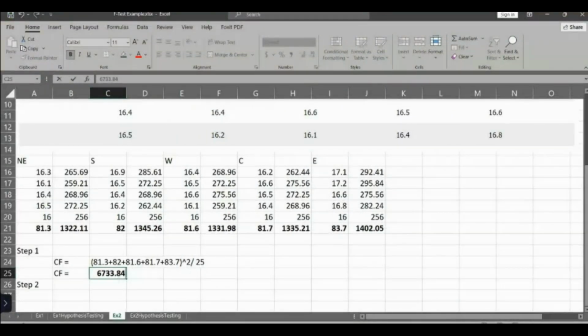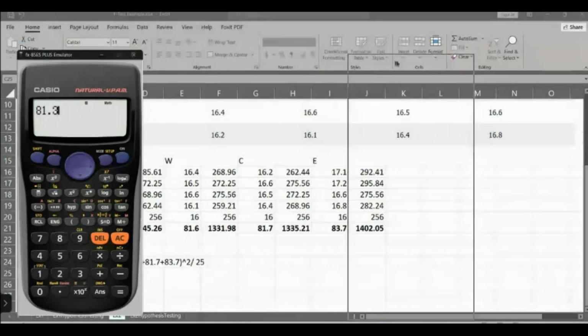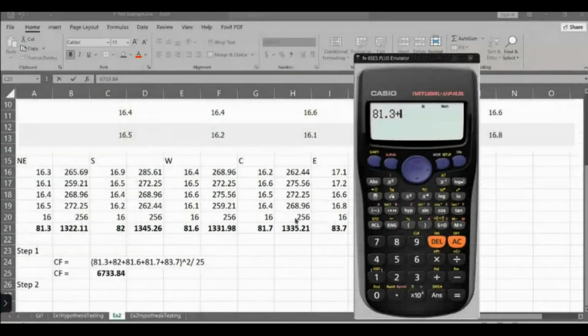Okay, let's confirm. 81.3 plus 82 plus 81.6 plus 81.7 plus 83.7.